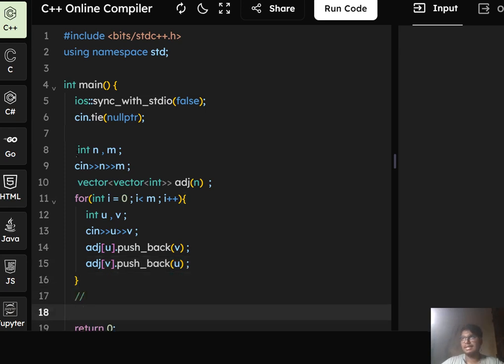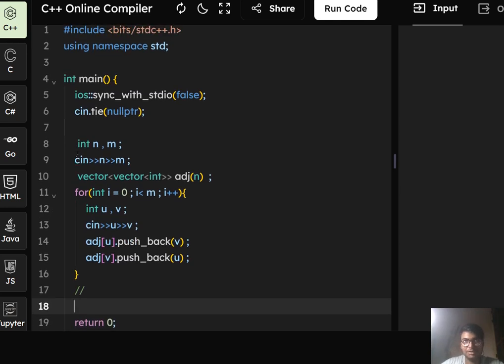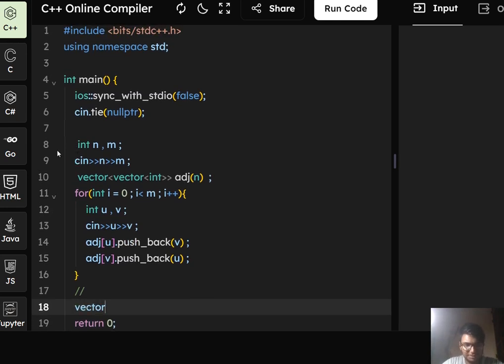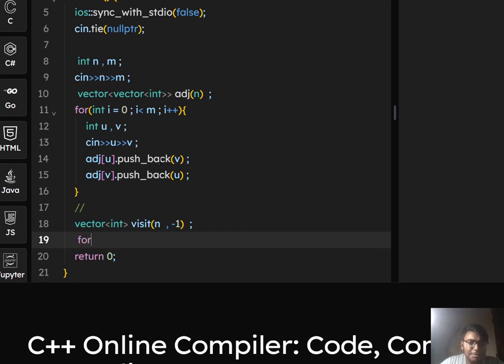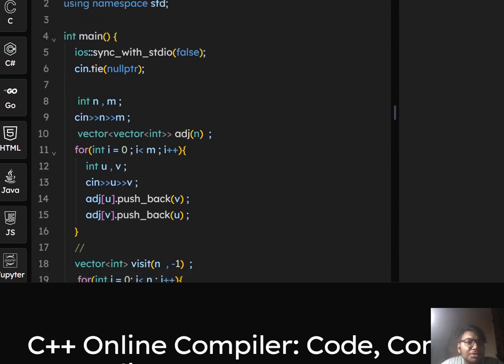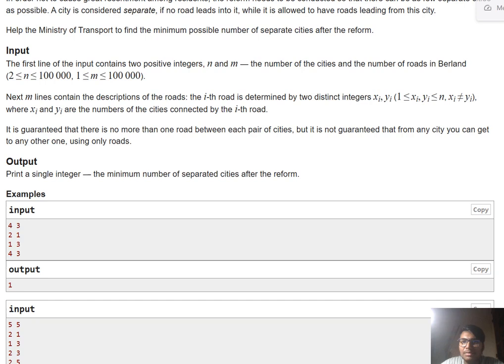Okay, so we have the graph ready. Now for the component connectors, we have the result. Let's initialize it with a minus one. And now for all the nodes, I think the nodes are numbered from one to n.